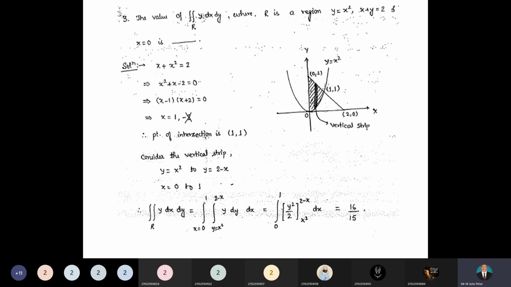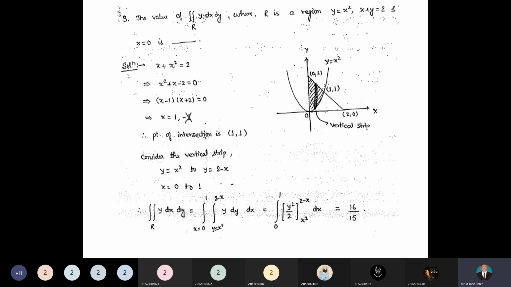We know that x by a plus y by b equal to 1 means the line intercepts the x-axis at a and the y-axis at b. In that way, we rearrange the given straight line equation as x by 2 plus y by 2 equal to 1.